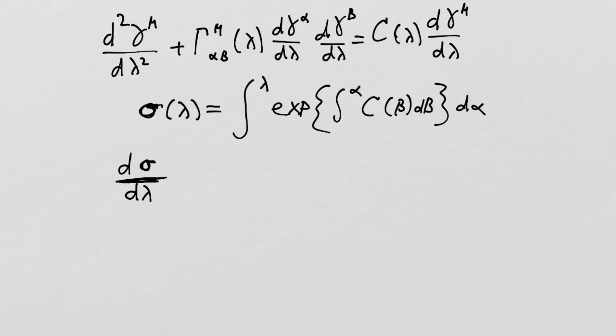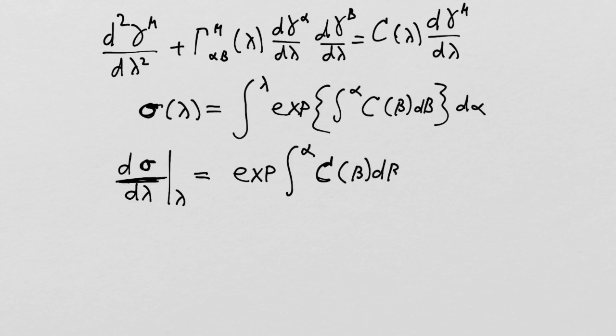But anyway, I'll write this down. d sigma d lambda evaluated at lambda equals the exponential of the integral up to alpha of our function c of beta d beta.